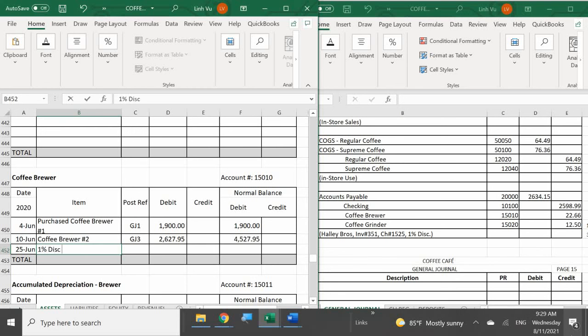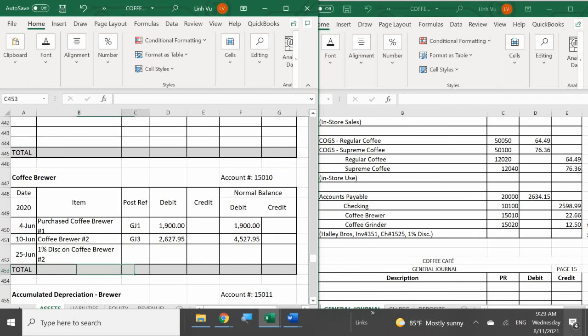But in this case, I'm not gonna refer to my invoice number. I'm just gonna say 1% discount on coffee brewer number 2. Just so then it's just a little easier. You don't have to have that extra invoice number in there, because we already paid them off and whatever happened happened. In this case, I'm just gonna make a referral to my coffee brewer number 2 because it didn't affect my coffee brewer number 1.